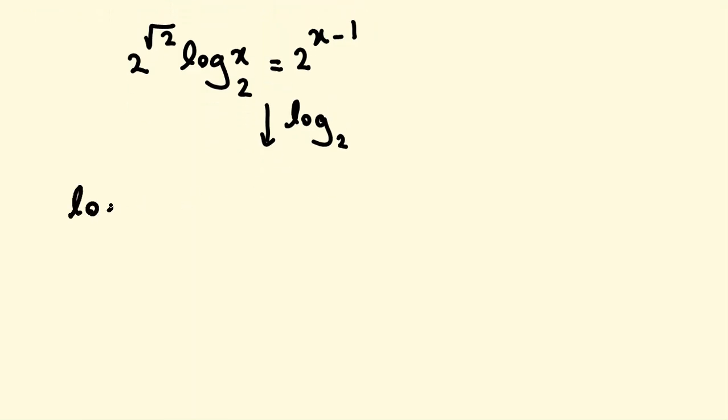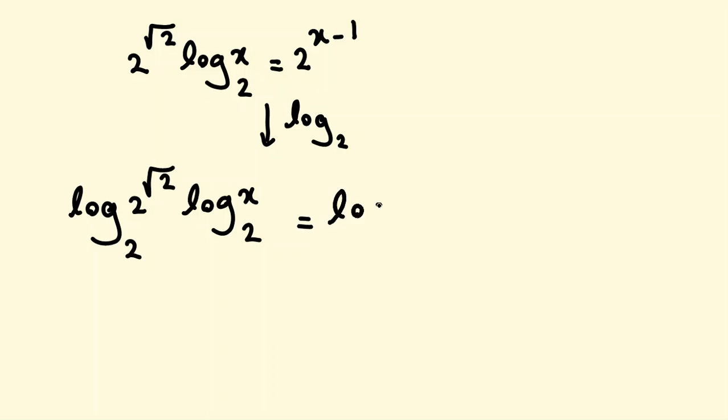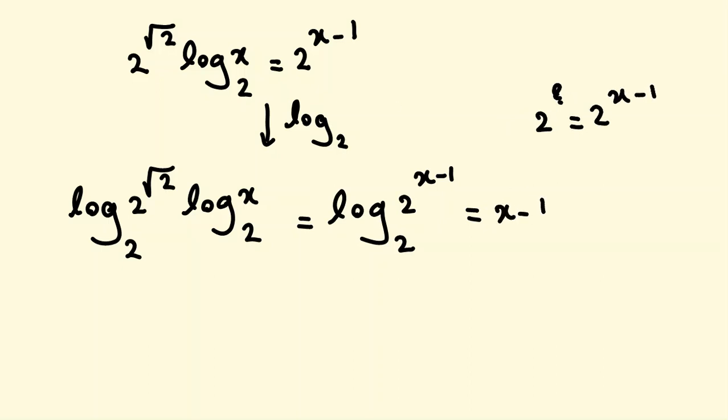So I consider log base 2 of 2 to the root 2 log x, and here in base 2, it is log base 2 of 2 to the x minus 1. By the definition, 2 to the power of what is 2 to the power of x minus 1? So it is x minus 1.